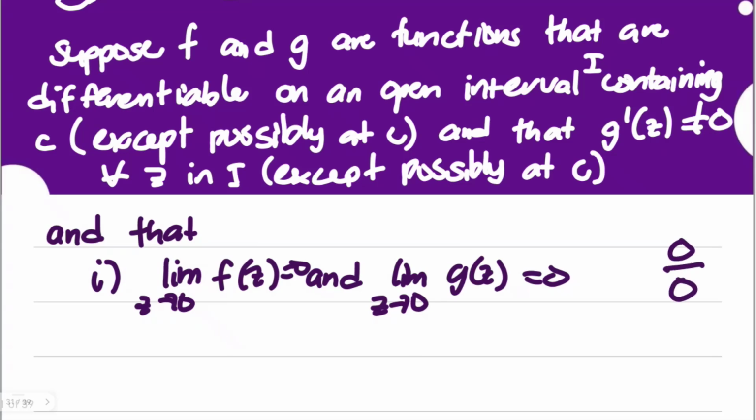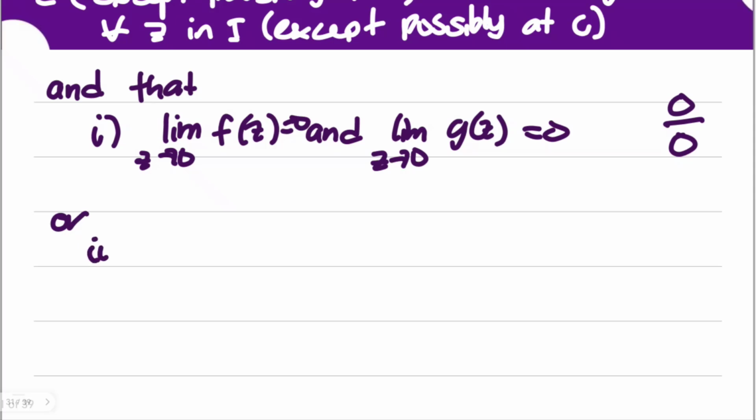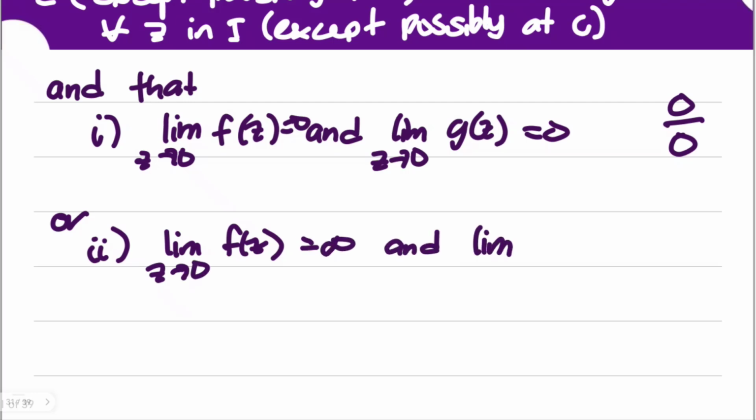Or, in the second situation, the limit of f of z as z approaches c is infinity, and the limit of g of z as z approaches c is also infinity, thereby making the second indeterminate form infinity over infinity.